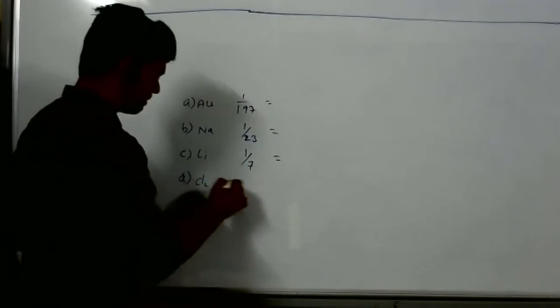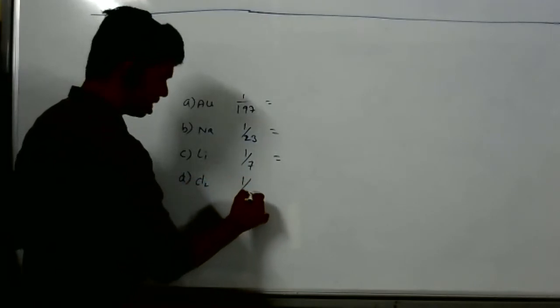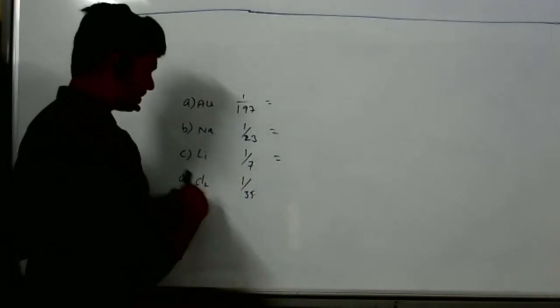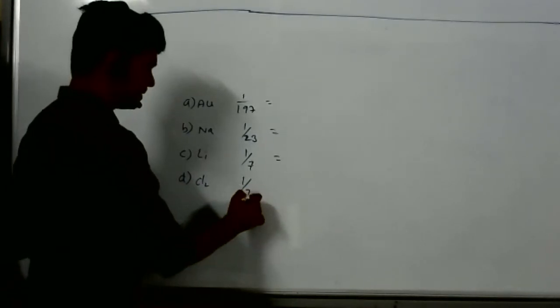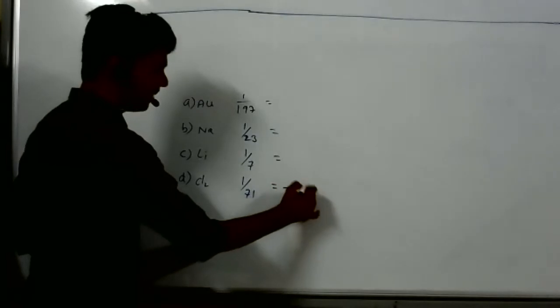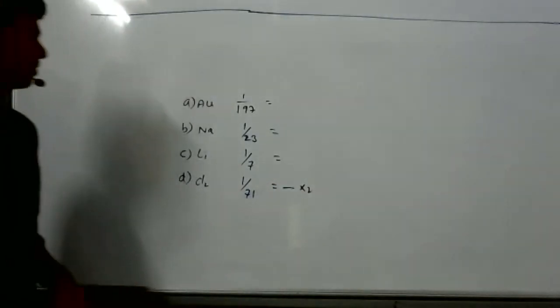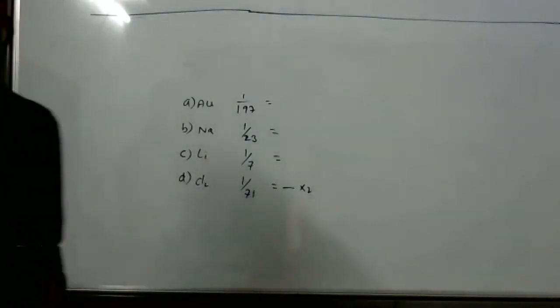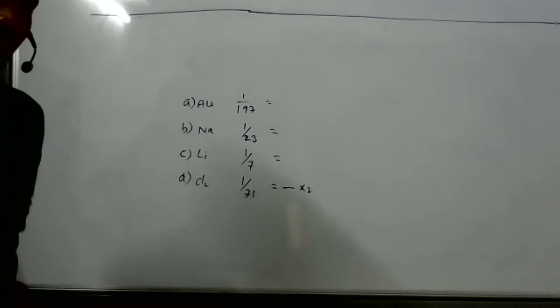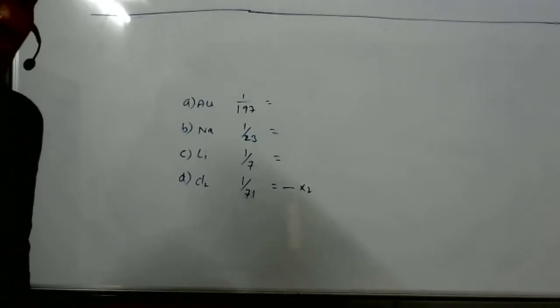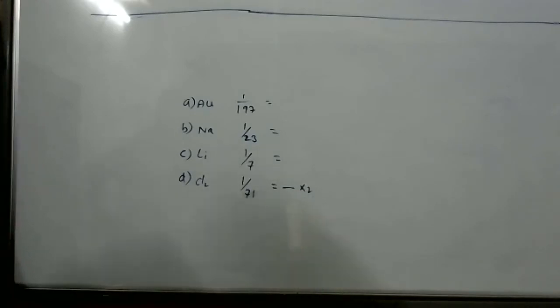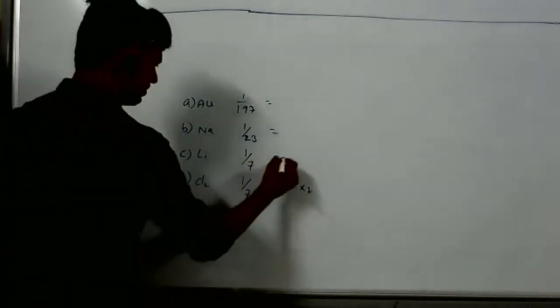Next, chlorine: 1 divided by 35.5, but not 1 chlorine atom here, 2 chlorine atoms are there, so I have to write 71, then multiply the value by 2. Which one gives the bigger value here? C. C, very good. 1 by 7 means the bigger value will come here.